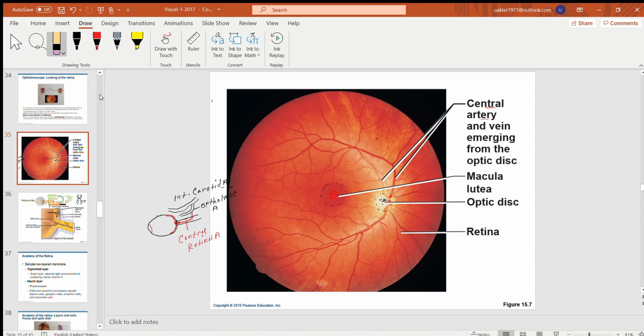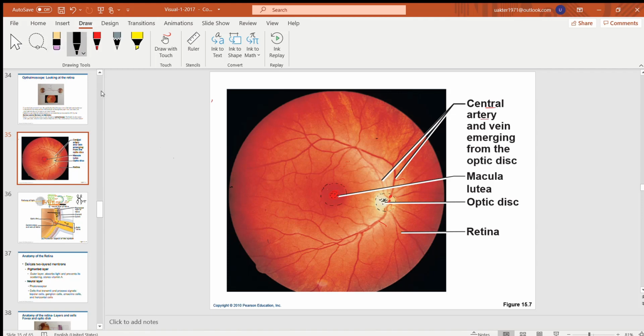The retina is the only structure located in the peripheral sensory organs that is a part of your brain. So the retina is located inside the eye, inside the peripheral organ, but it is a part of the brain.